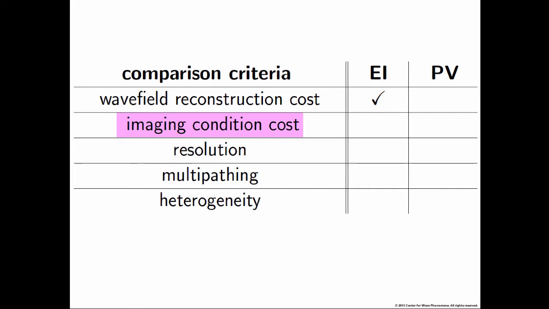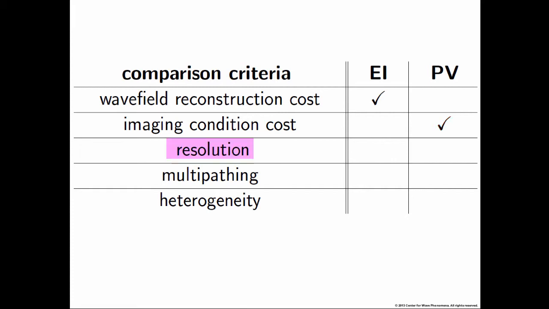However, the imaging condition cost for the extended imaging method is going to be far larger than for the Poynting vector, because we have to compute the cross-correlation lags and save them. That's one of the main disadvantages of this method, the computational cost. Like I mentioned before, the Poynting vectors are computed on the fly as we propagate the wavefields, so it's fairly cheap. So the Poynting vector is cheaper for the imaging condition.